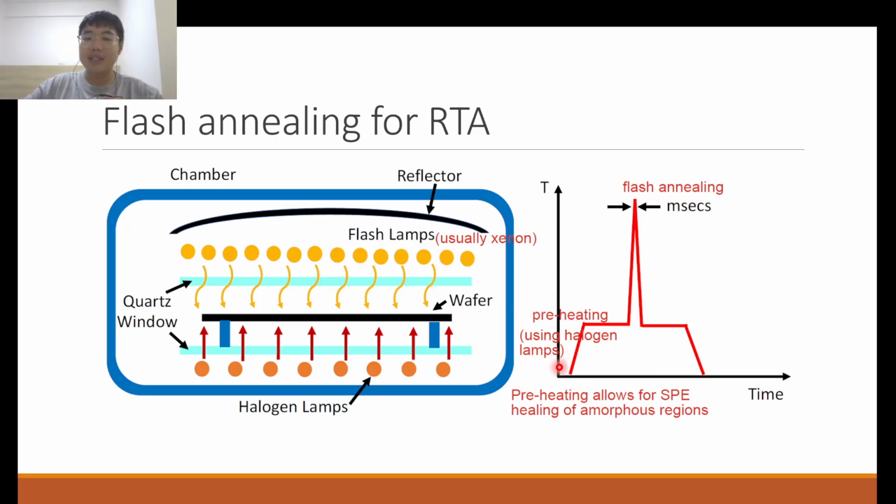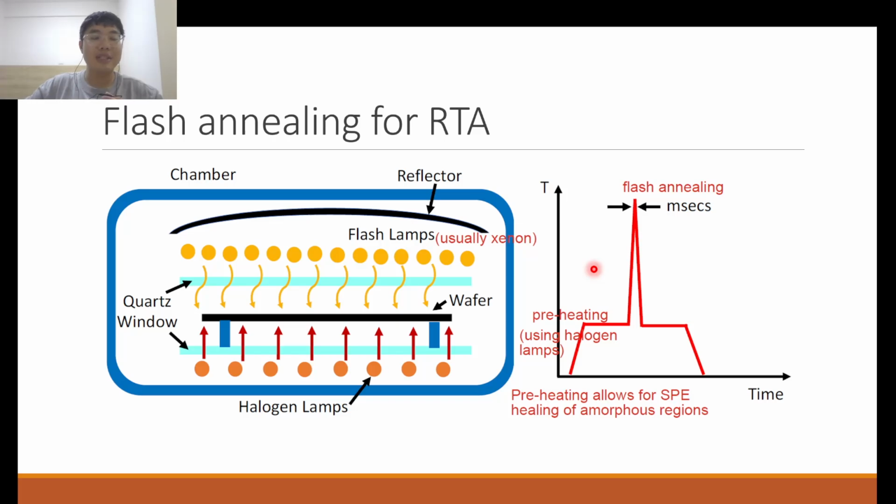Normally the halogen lamps do a certain preheating, and after that your flash lamps do the flash annealing. The preheating step allows for solid phase epitaxy and the healing of any amorphized or damaged region, and then your flash annealing does your dopant drive-in while minimizing transiently enhanced diffusion.